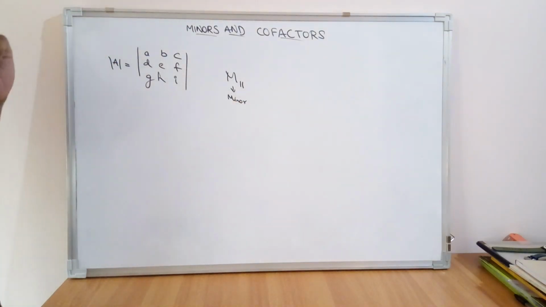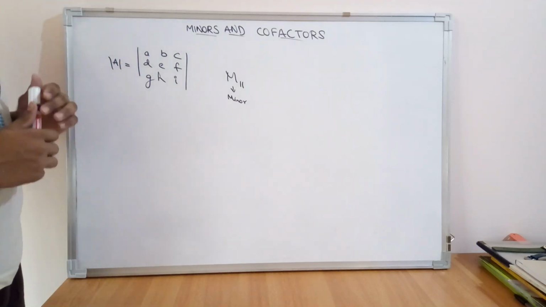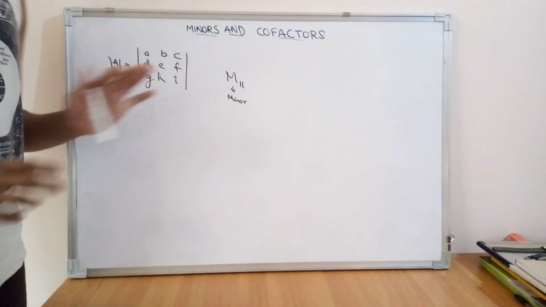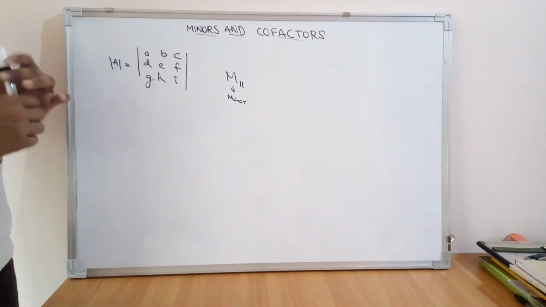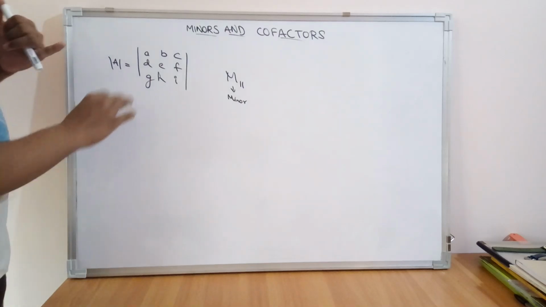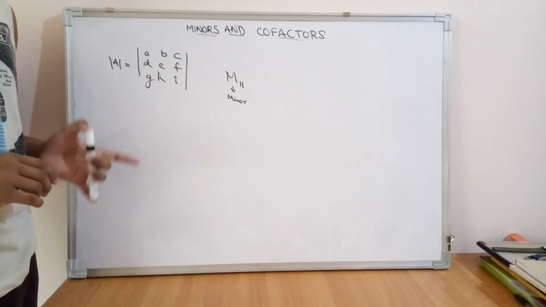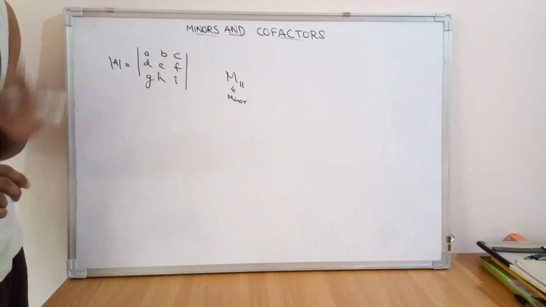I'm not just going to tell the definition here; I'll show how you can apply minor and cofactor. The minor of an element is the determinant obtained by removing all the elements present in that particular row and that particular column.